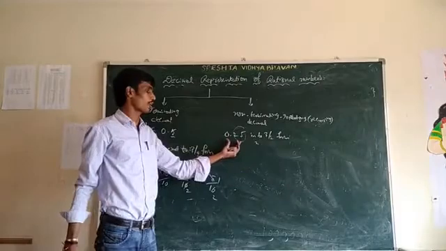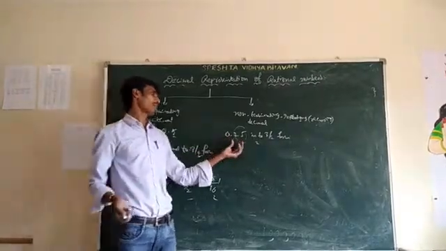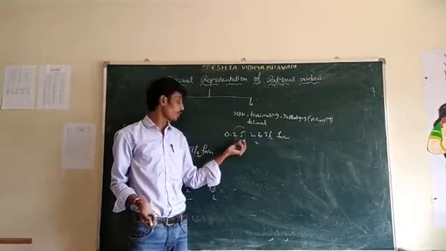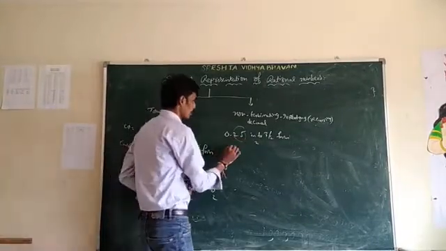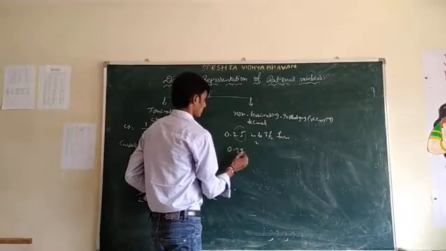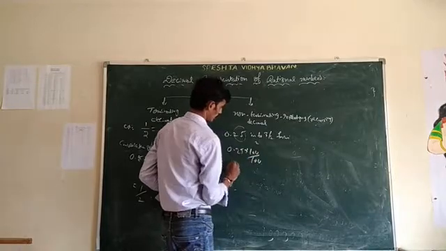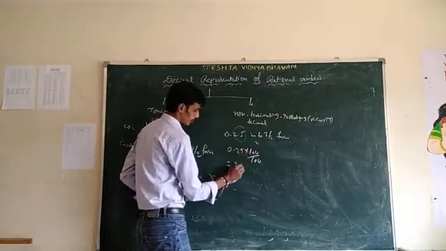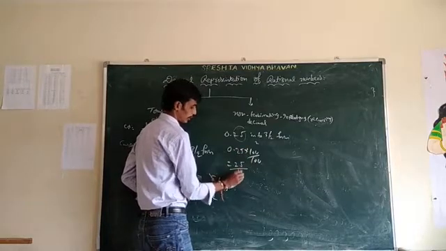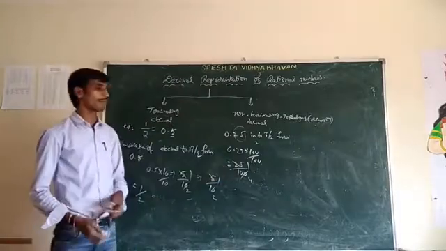That means we multiply both numerator and denominator by 100, because there are 2 digits in the decimal part. So 0.25 into 100 by 100; the decimal moves two places to the right using 100. That means 25 by 100. So it gives 1 by 4. So 1 by 4 is the p by q form.